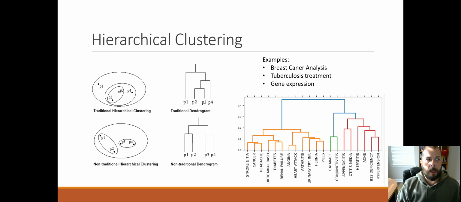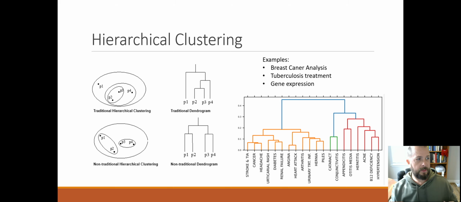Hierarchical clustering is another example, or the different type of clustering that we see in healthcare. There can be some similarities between individual records, but it shows you the pattern of trying to identify what groups of these individual records have similarities.